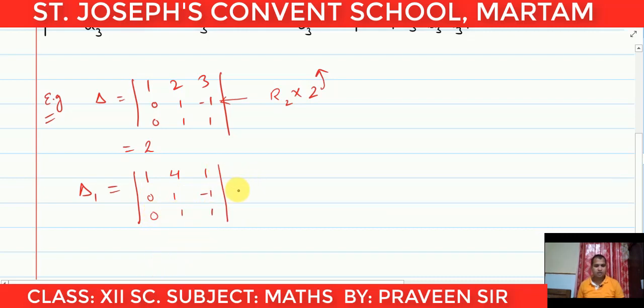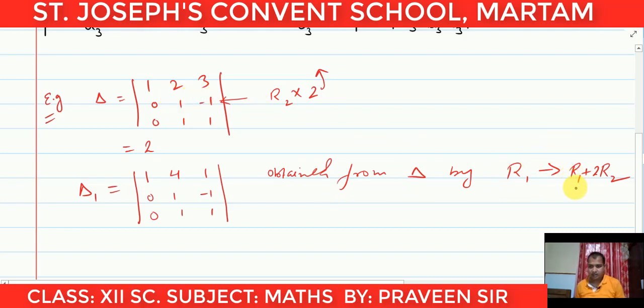So this is obtained from this by what? Here I'm trying to say what we have done to this determinant: to the first row we have added twice of R2.